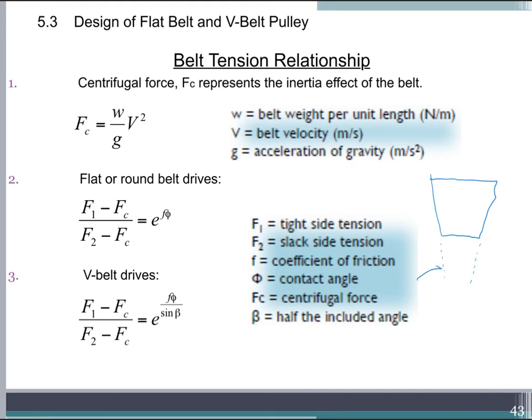When we determine the angle from this side to this side, the angle is the included angle. So for the half included angle beta, we determine from the center to any side. So let's say from this to this, this is the half included angle.